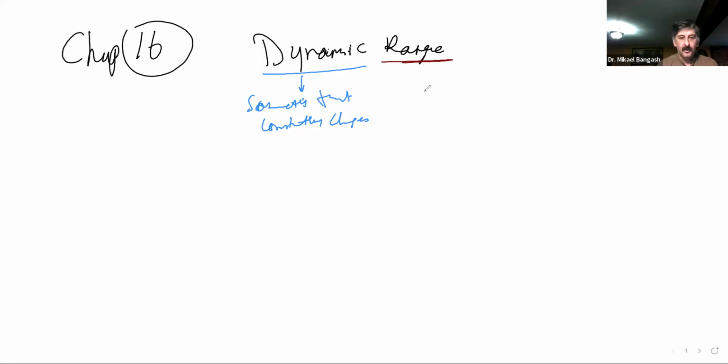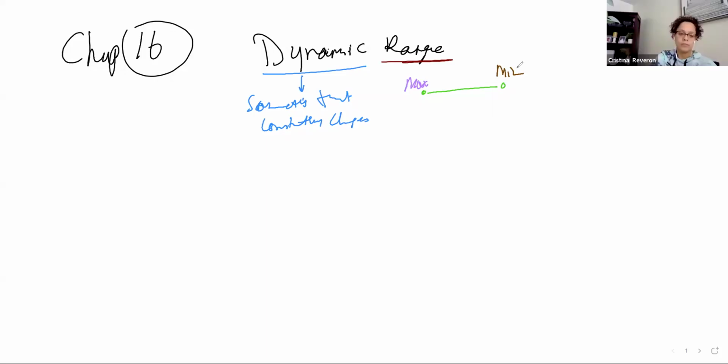That's going to be what falls between two values, where one is going to be a maximum and the other is going to be a minimum. Did that make sense?